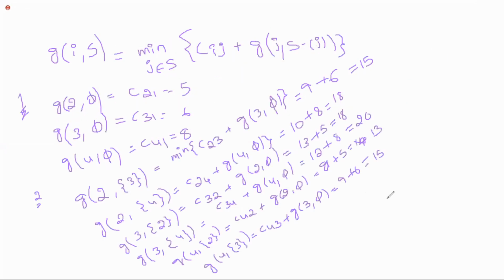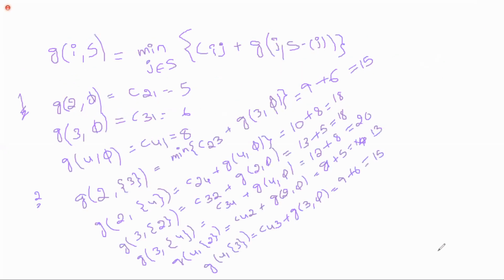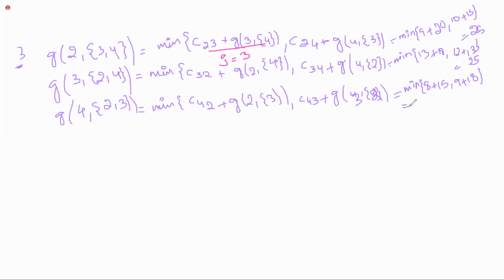G32, no, ma'am, it is not G43. G32, okay, sorry. What is G32? 8, right? Okay. So 15 plus 8, 23, which is the minimum one. So we will get 23 here.